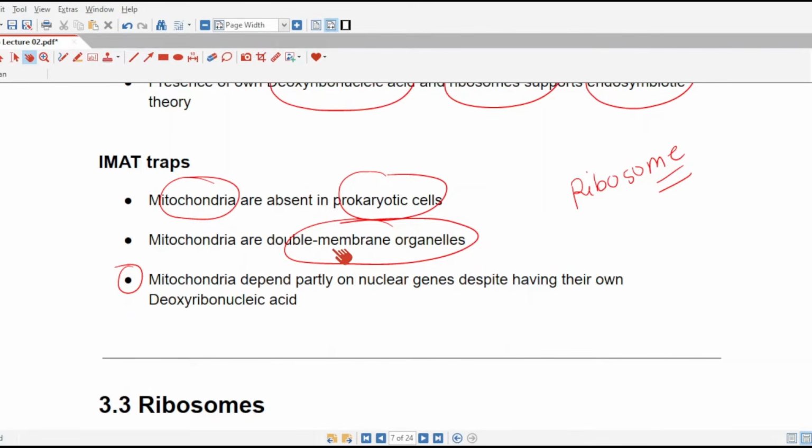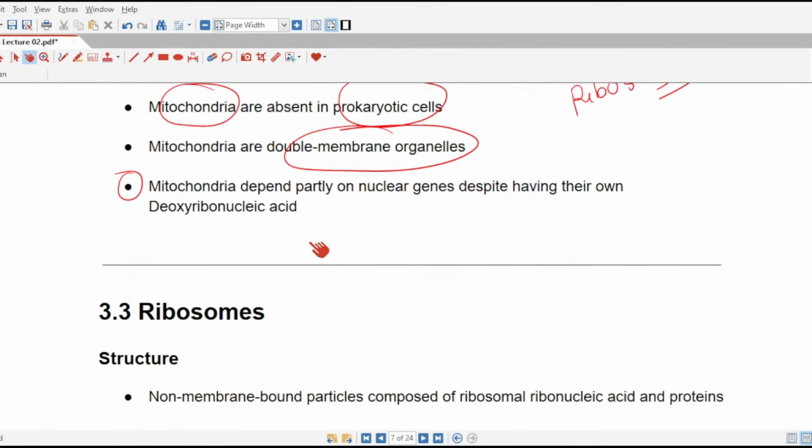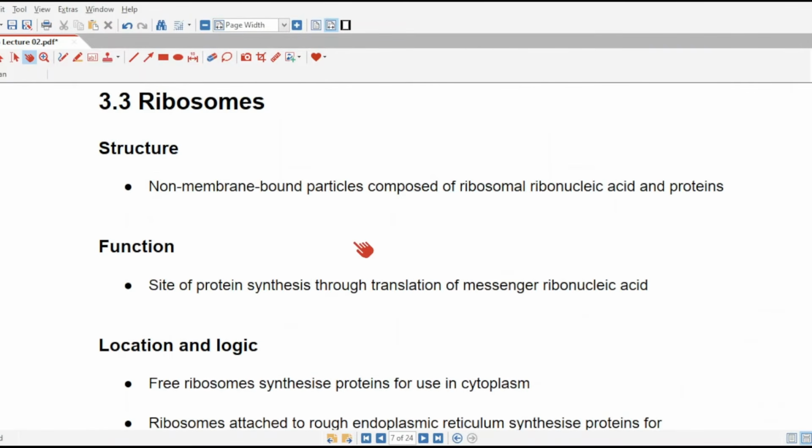When we were looking at the diagram of the cell, we saw that ribosomes were freely floating, or some ribosomes were also attached to endoplasmic reticulum that we will discuss later. So ribosomes, if we talk about the structure, ribosomes are non-membrane bound particles, and it is composed of rRNA and protein. Very important high yield information.